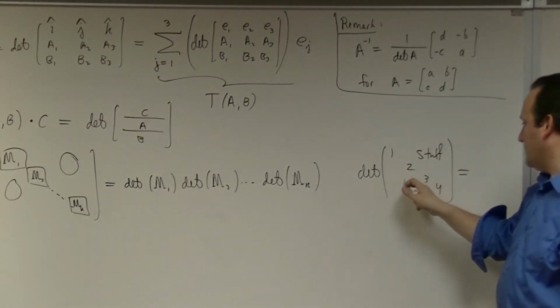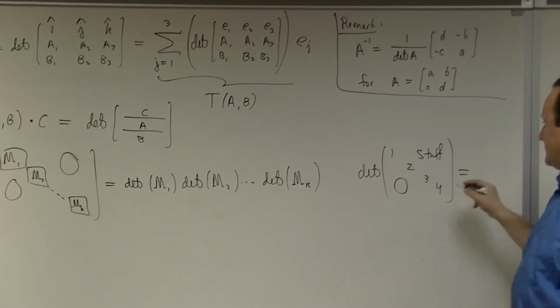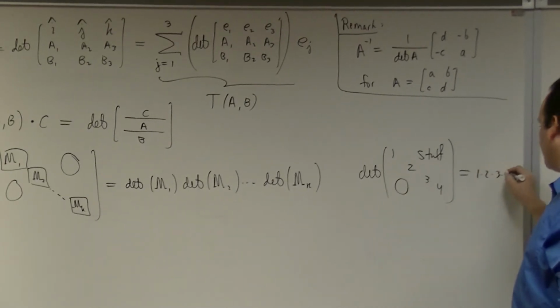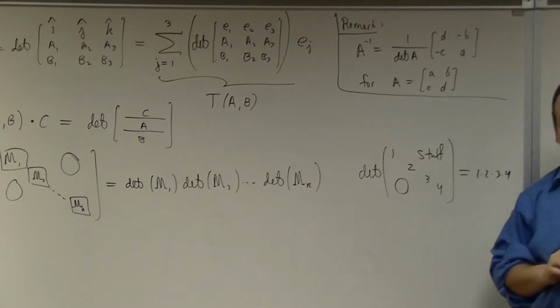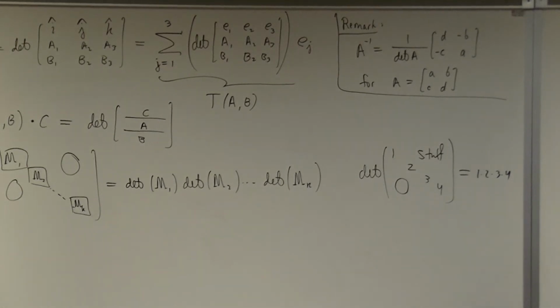If it's 0 below the diagonal, the answer is 1 times 2 times 3 times 4. Simple as that. So for diagonal matrices or triangular matrices, upper or lower, you just calculate the determinant by multiplying the diagonals. I have undoubtedly left something out in terms of how to calculate them.